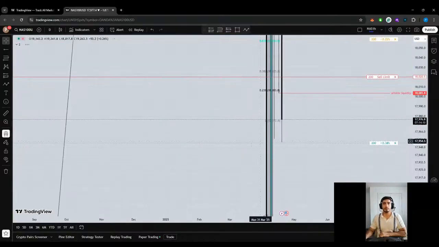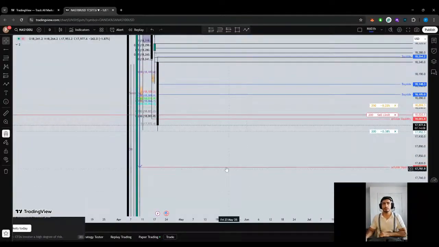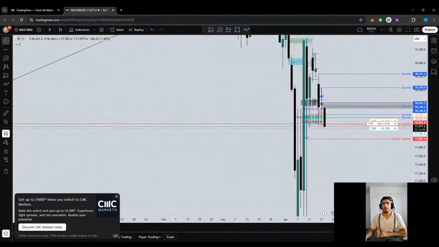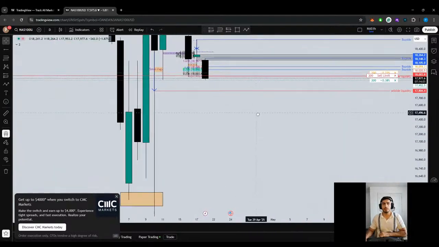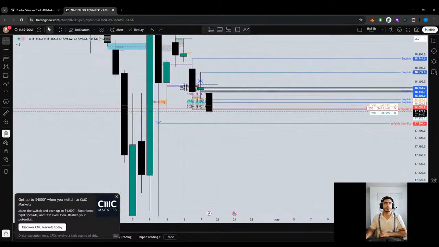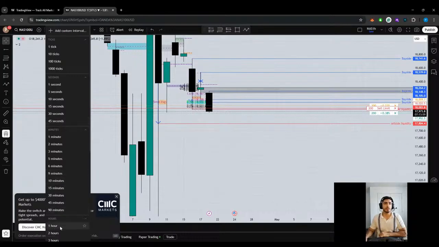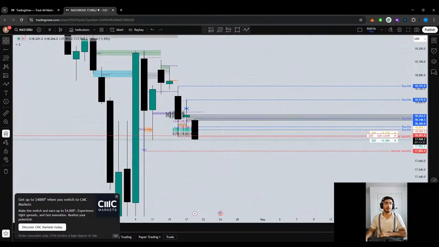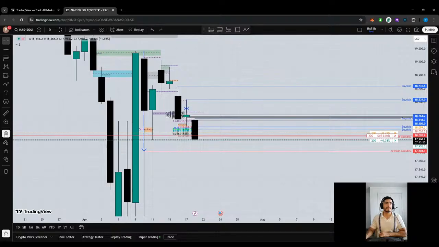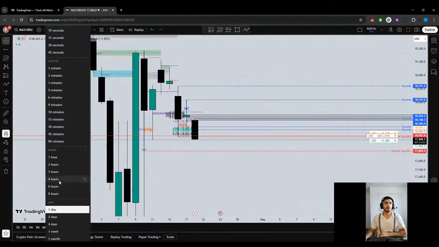Let's go see on the daily what it looks like. The only issue is that I have no reference points on the daily for a downside trade, but I do for upside trades. Let's go to the 4 hour.